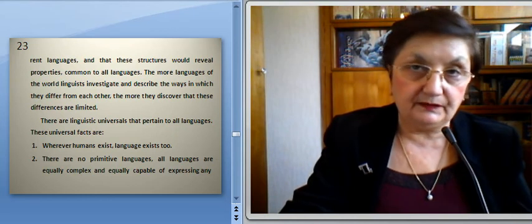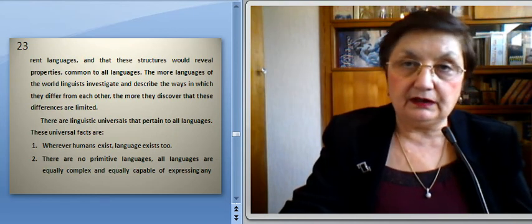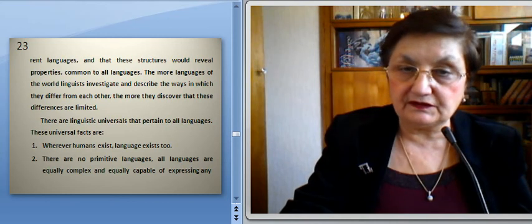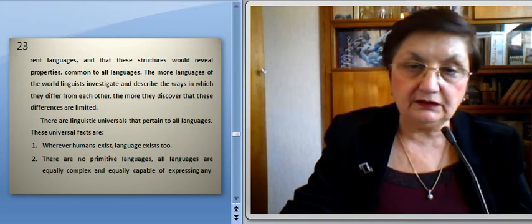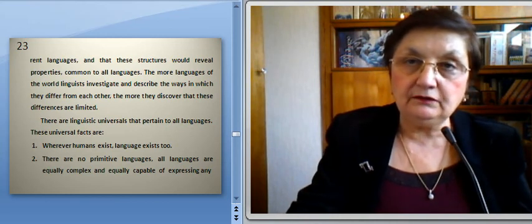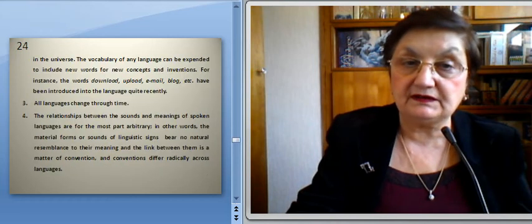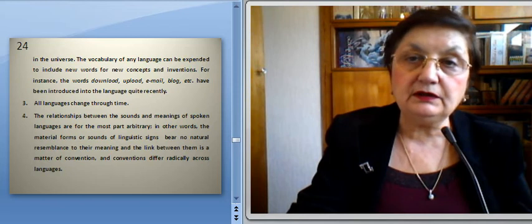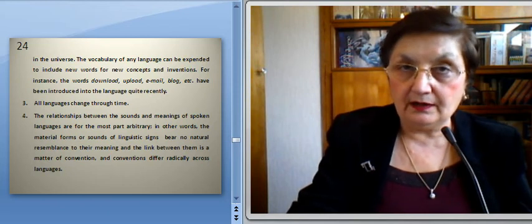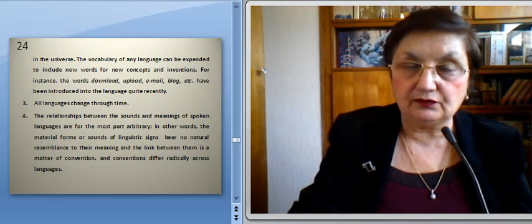The vocabulary of any language can be expanded to include new words for new concepts and inventions. For instance, the words download, upload, email, blog, and so on have been introduced into the language quite recently.